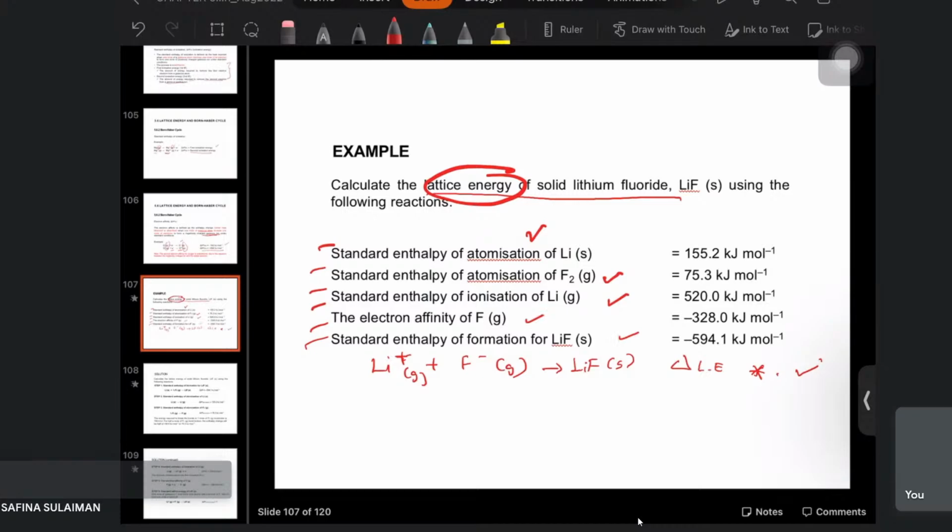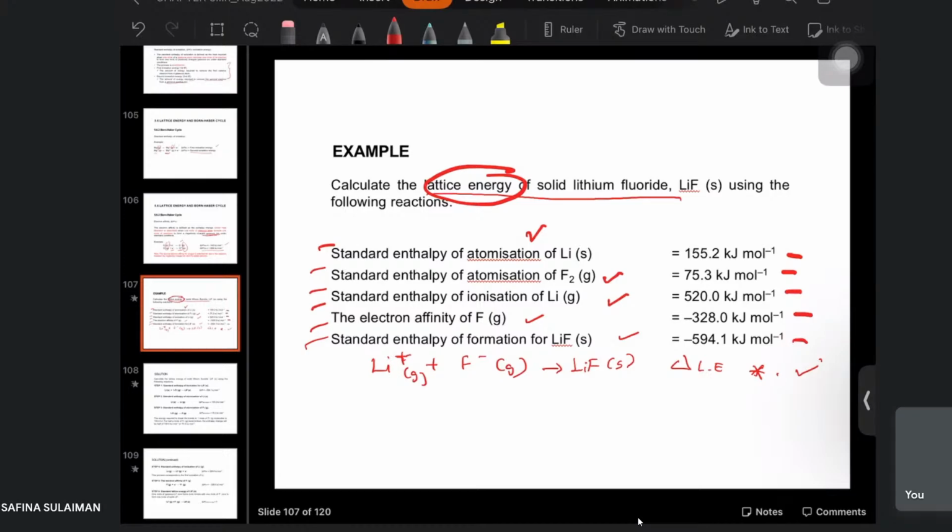Jadi apa you perlu buat ialah you kena buat Born-Haber cycle. Untuk you nak buatkan Born-Haber cycle, awak kena tahu the equation untuk setiap satu ini.